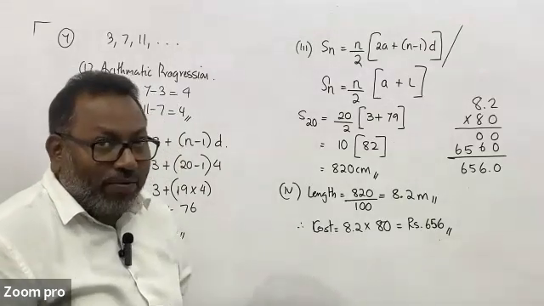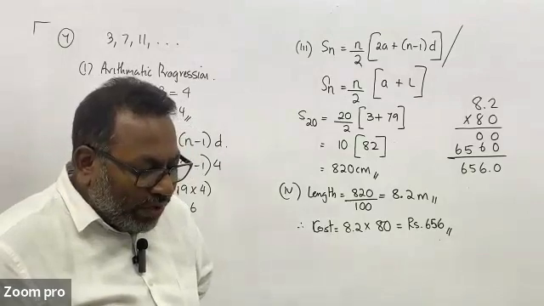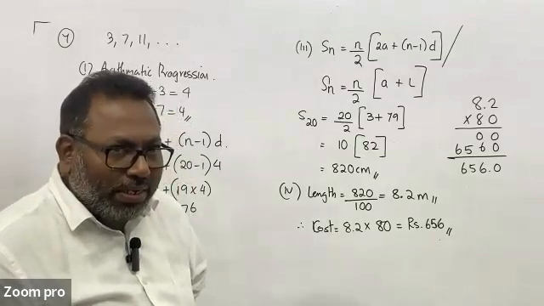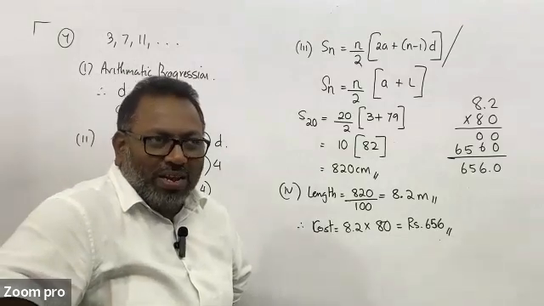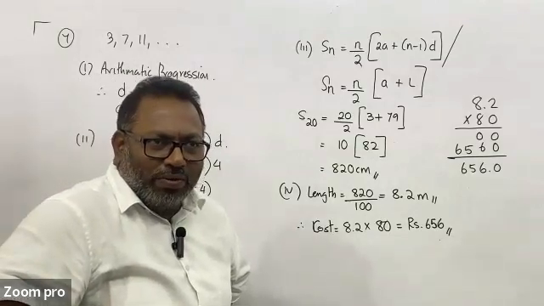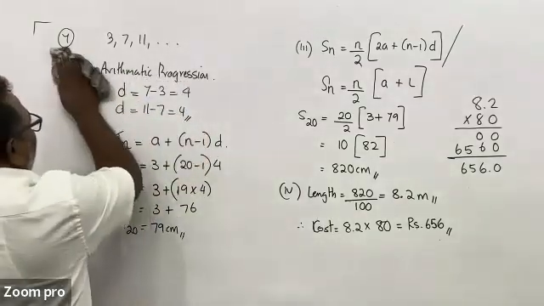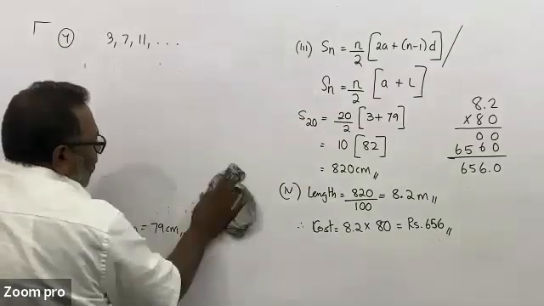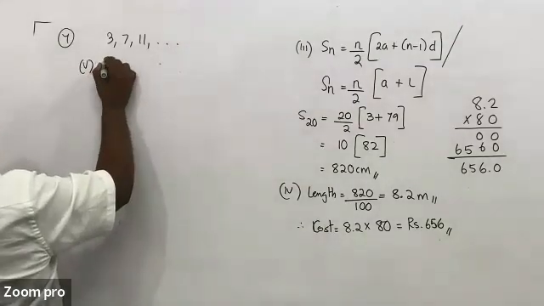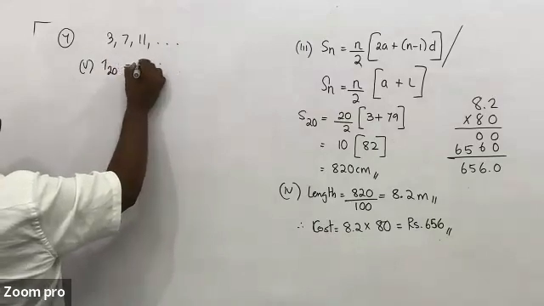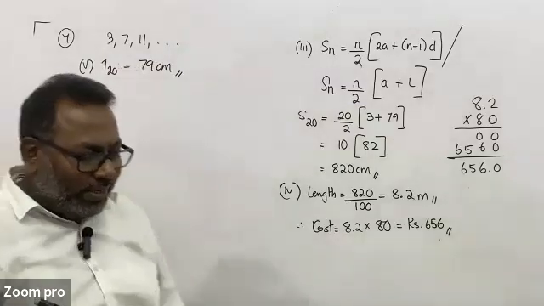Then the fifth question. Be careful with this one. Look at this. They're saying which piece of ribbon is 48 centimeters less than the 20th piece of ribbon. We know the 20th piece of ribbon is 79 centimeters. We calculated that.